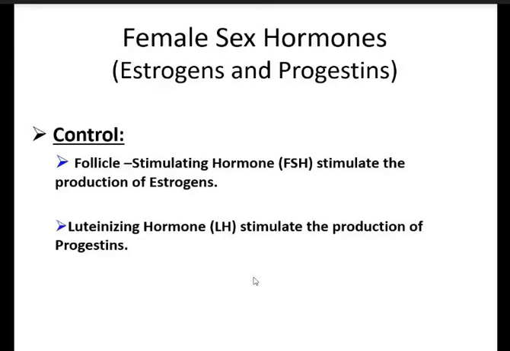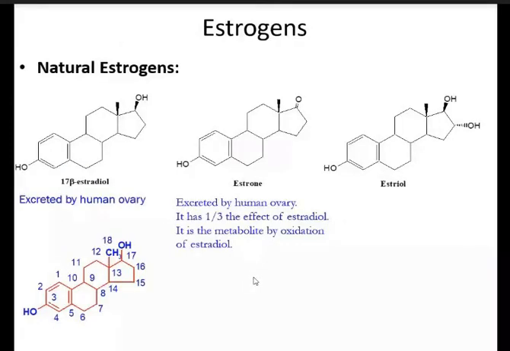Now, natural estrogens. We say natural because there are also synthetic estrogens. In physiological terms we call them natural because they are present in the biological system. This is the structure of 17 beta estradiol.